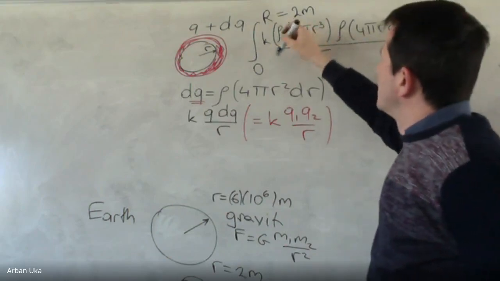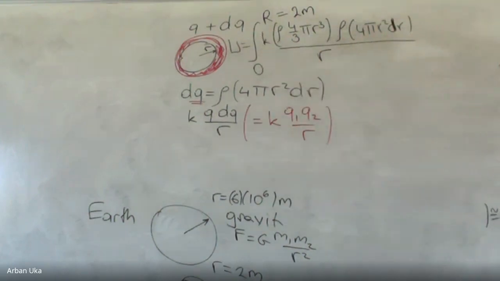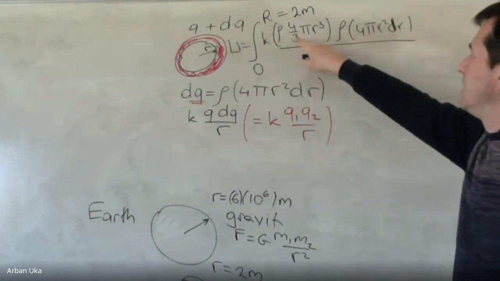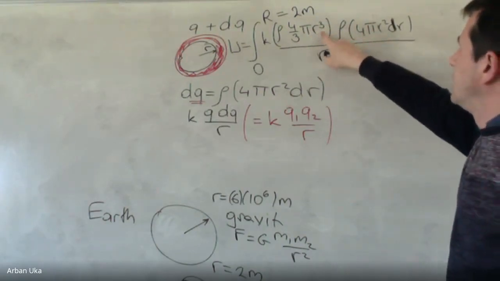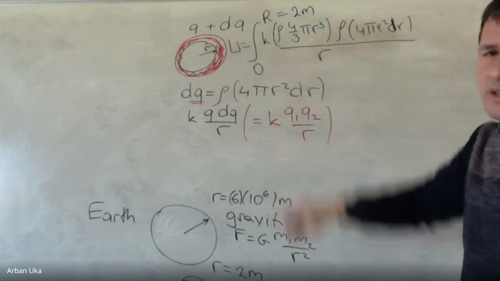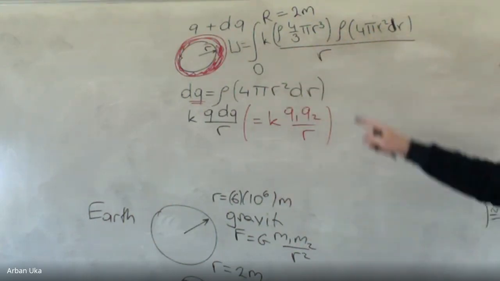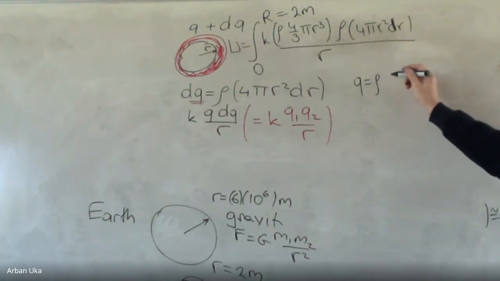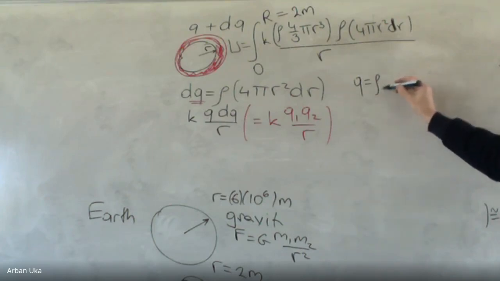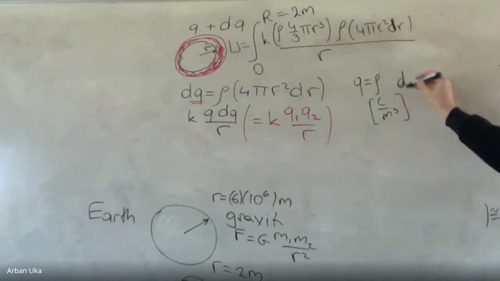If we integrate these both expressions, we are going to get the energy. So this U is equal to the k q times dq over small r. If we integrate over r, we can find the total energy of the system. Okay? And we are defining here that the charge itself is equal to rho, which is the charge density of the system, measured in coulombs per meter cubed, times d volume, which is another meter cubed.